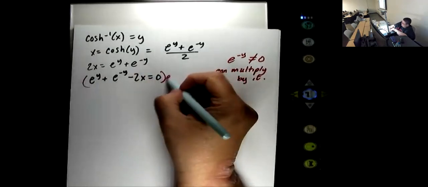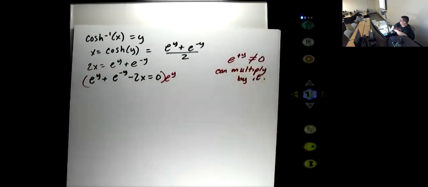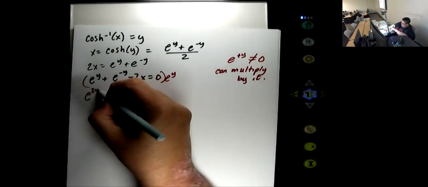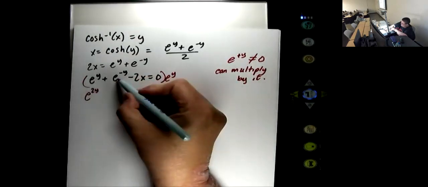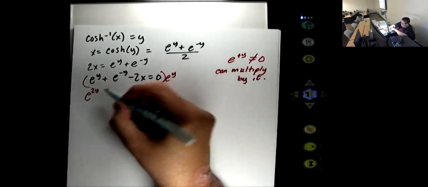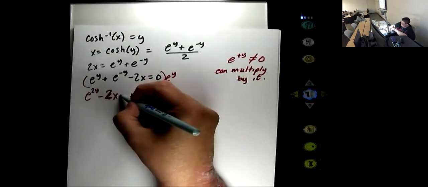You never want to multiply by 0. If I multiply by e to the y, here, not e to the negative y, e to the positive, neither of them are equal to 0. But e to the y never equals 0, so I'm going to multiply by it, and I get e to the 2y. This goes to 1, so I'm going to put it at the end, plus 1, and then I've got minus 2x e to the y.